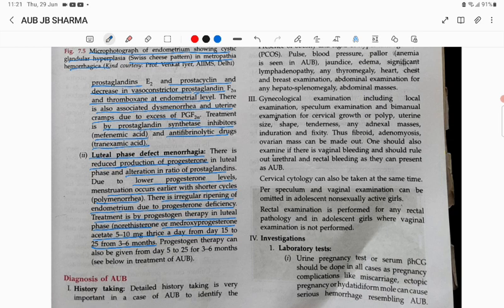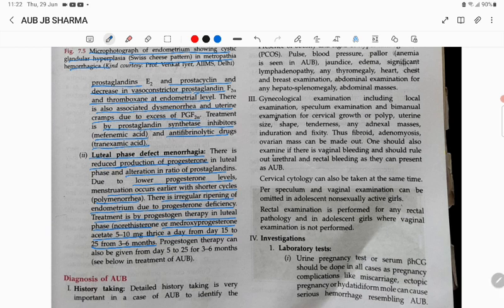There are irregular frequent cycles, and irregular ripening of the endometrium due to progesterone deficiency. Usually the treatment is progesterone therapy in the luteal phase, from day 15 to day 25: norethisterone or medroxyprogesterone acetate 5 to 10 mg TDS for 3 to 6 months.